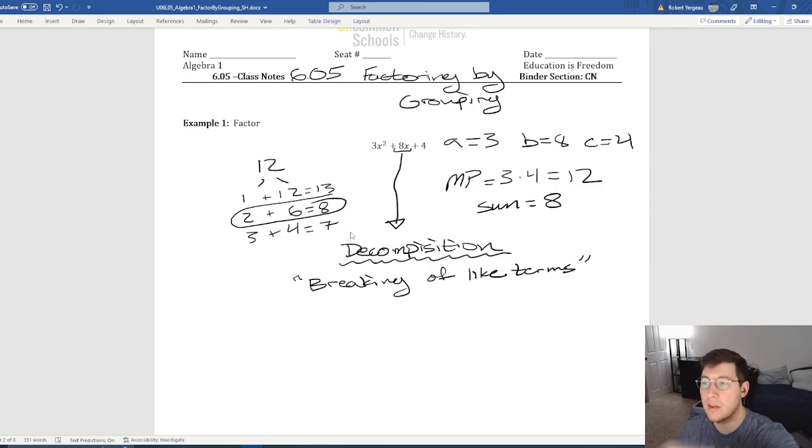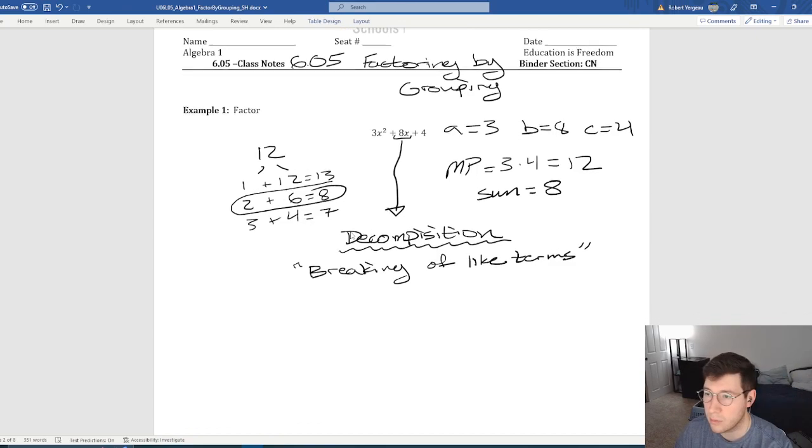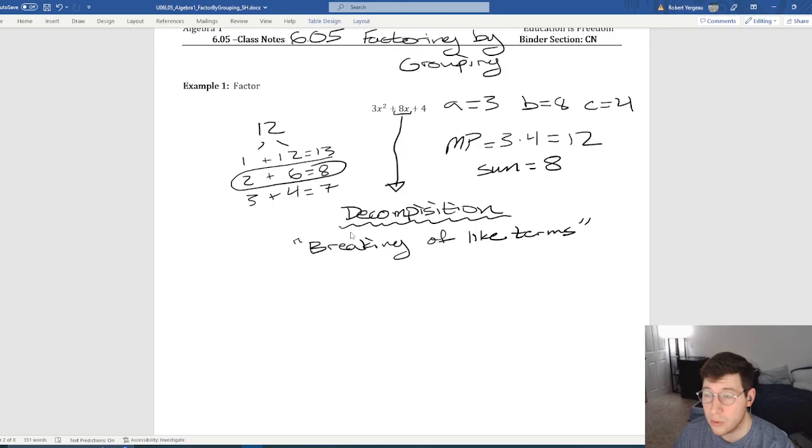It is taking the already combined term and separating it into its two like terms. I know what those two like terms are because of these two factors right here. And so I know that I'm going to break this into 3x squared plus 6x plus 2x plus 4.